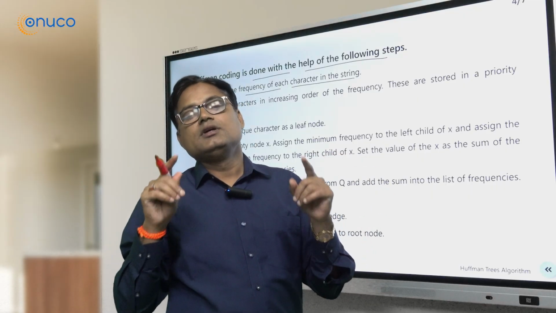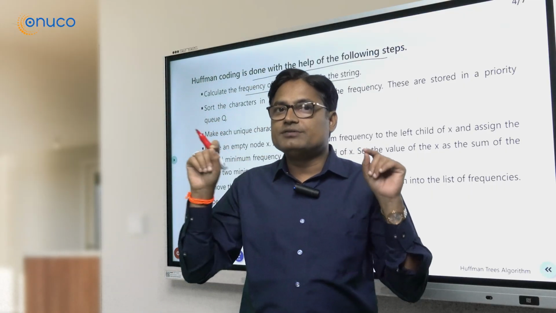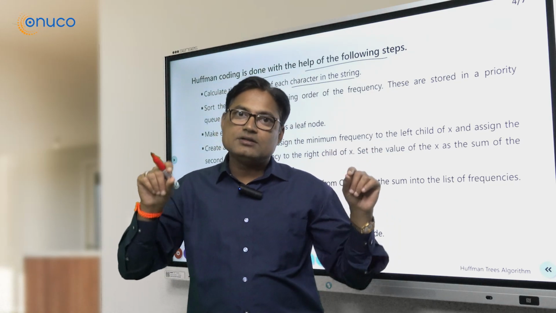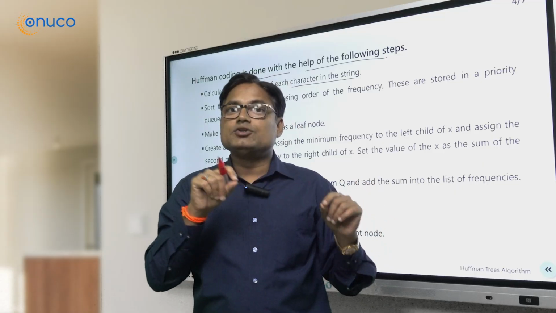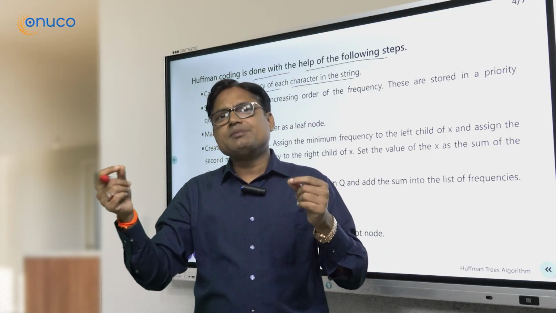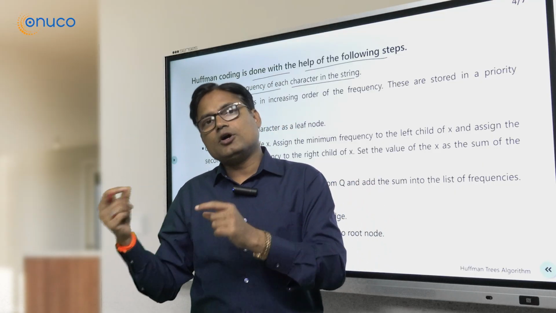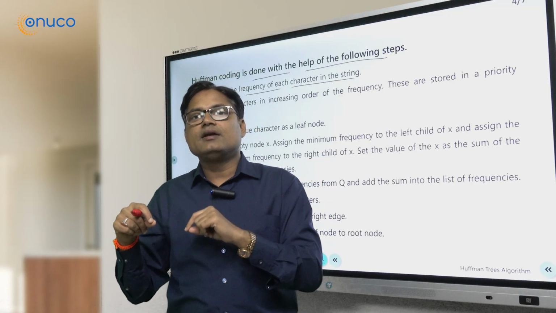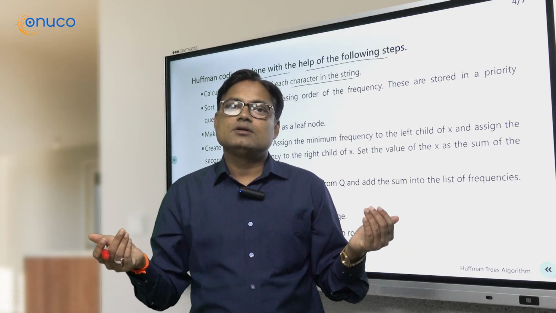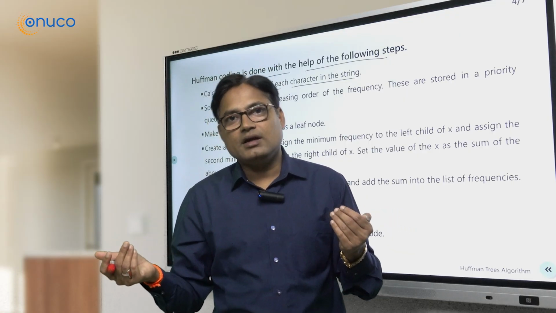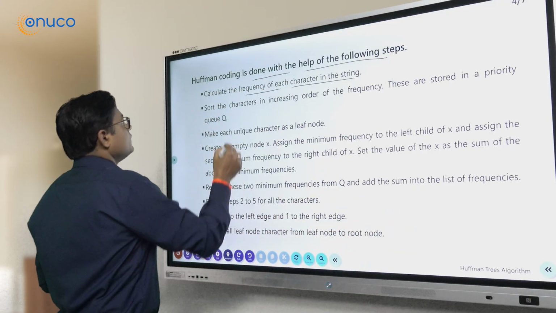I repeat, if the input is given in the form of a string, then you calculate the frequency of the characters. If it is given in numeric form, where the frequency or probability is given directly, then we proceed with the process given by the Huffman tree algorithm.